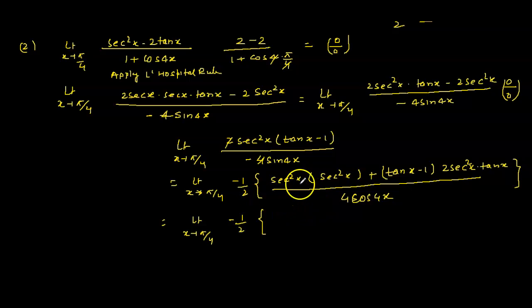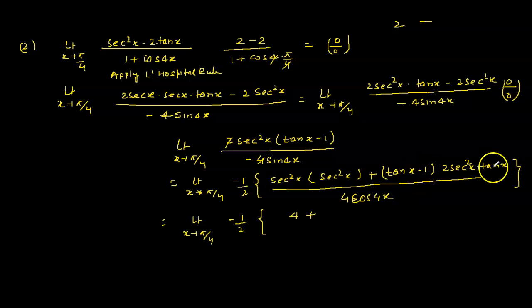So now you substitute the values pi by 4. If you put pi by 4 there, this is 2, this is 2. So 2 becomes 4 here, right? This is 4. This one plus. This is 1 minus 1, which is 0 here. Tan 45 is 1, so tan minus 1 is 0 here.